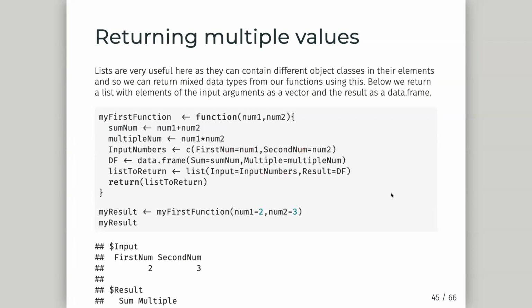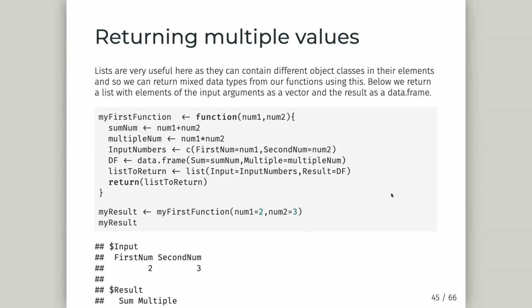Often, this is where lists become really useful. So maybe you're returning multiple different types of objects. Returning a list, you know it will contain any potential objects you have. So in this case, I'm creating a data frame, and I'm going to return not just the result as my result data frame here. I create the data frame for my results, 2 columns, 1 with sum, 1 with multiple.